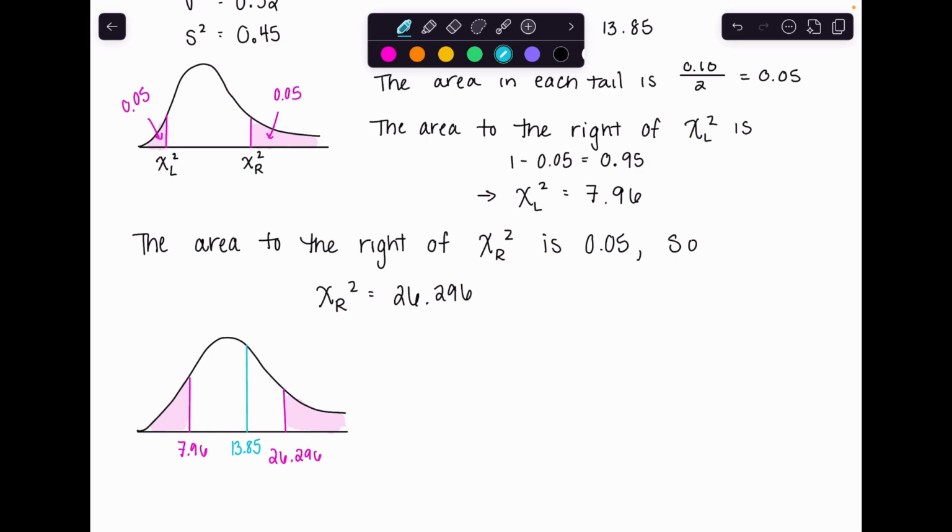So since the test statistic does not fall in the rejection region, that means we fail to reject the null hypothesis.